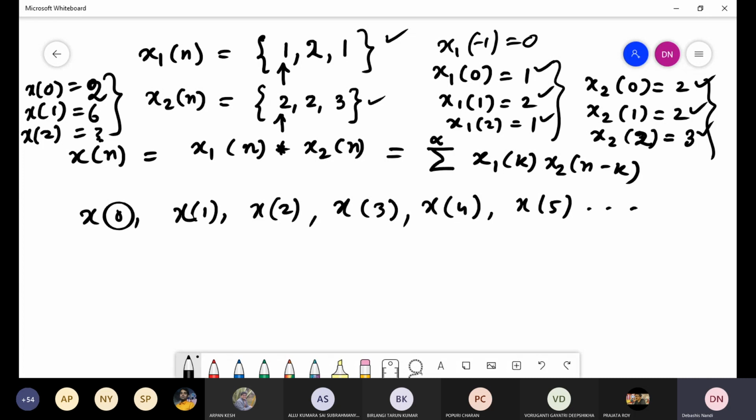Similarly, on the left hand side, if you try to compute x of -1 or x of -2 for this particular signal, they will be zeros.